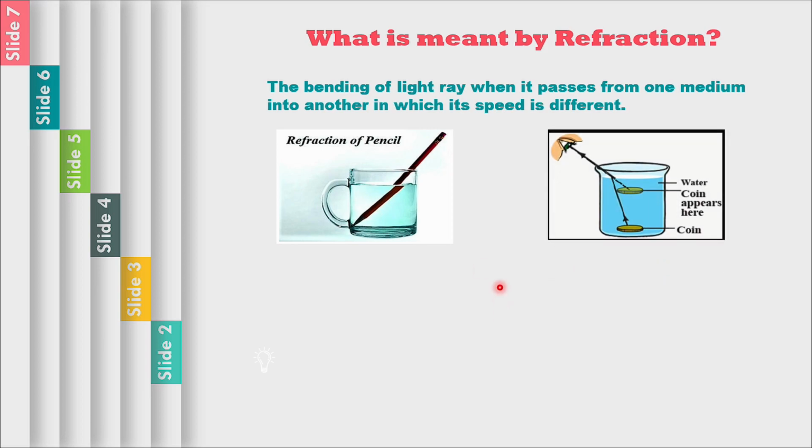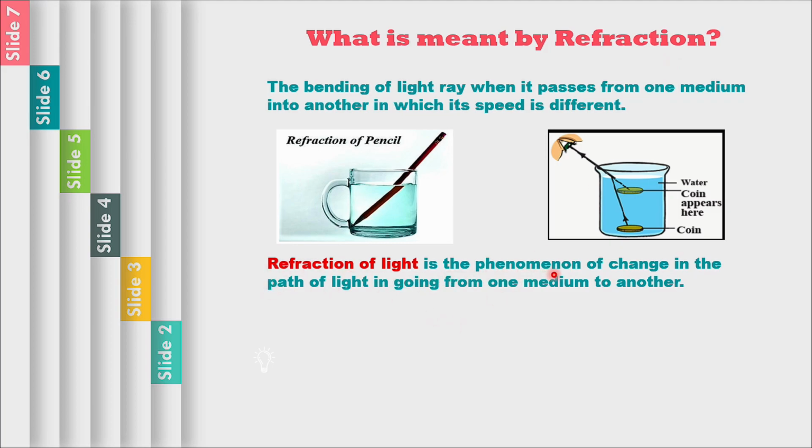Let us take the second example. Put a coin inside the beaker or a cup of water. Your coin position is here. Due to refraction of light, it appears somewhat above the previous one, that is the original position. This happens because of refraction of light.